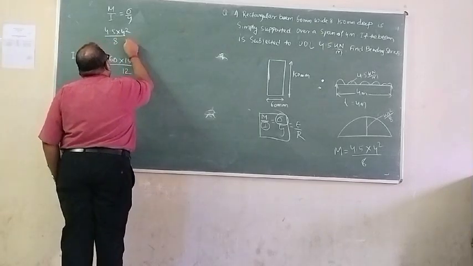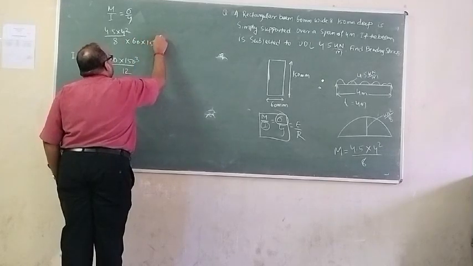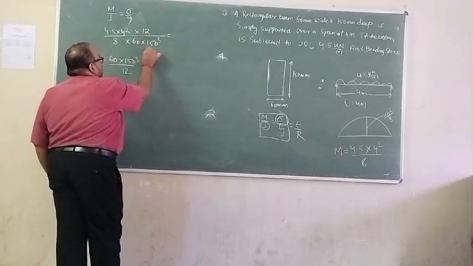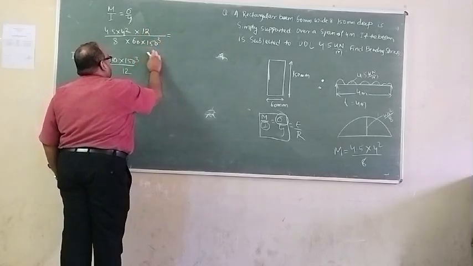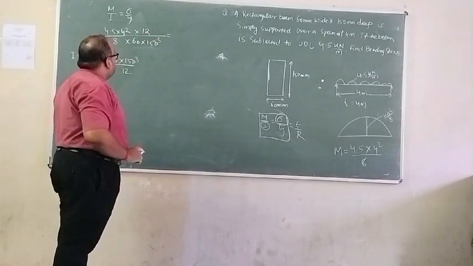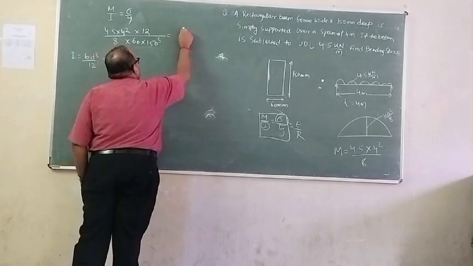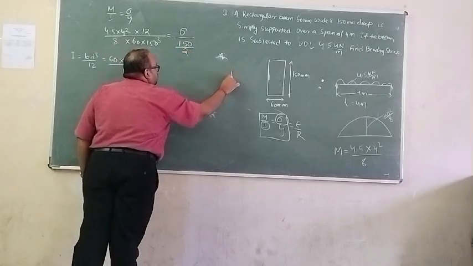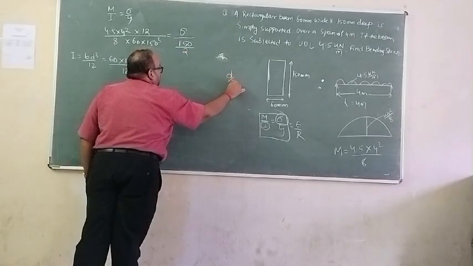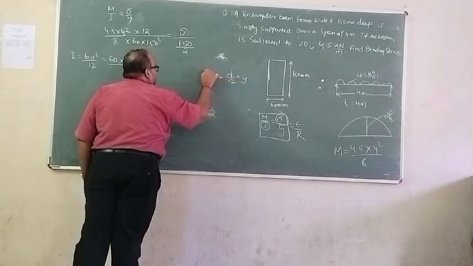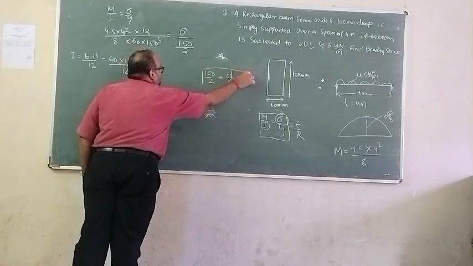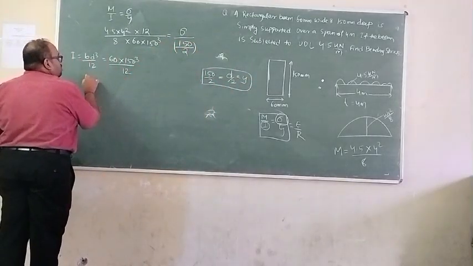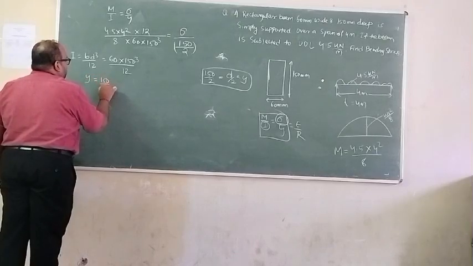I will put 60 multiplied by 150 cubed divided by 12, and the y value is D divided by 2, so y is 150 divided by 2.